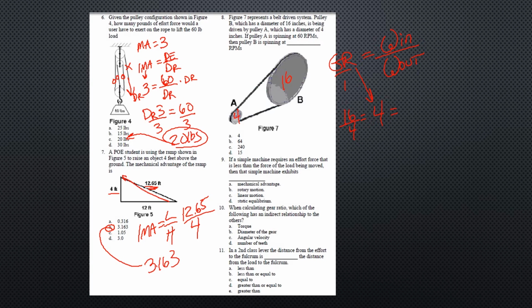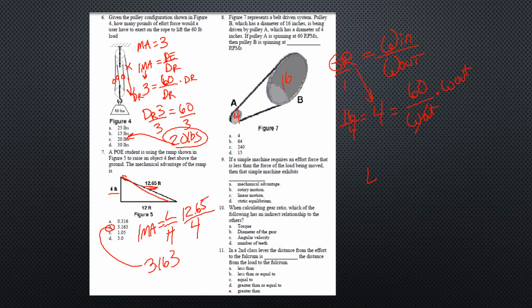The speed out, we don't know. But the speed in, we do know. That's 60 RPM. Now you've got to get the speed out by itself, so you just multiply here.